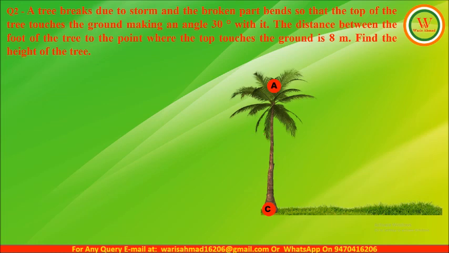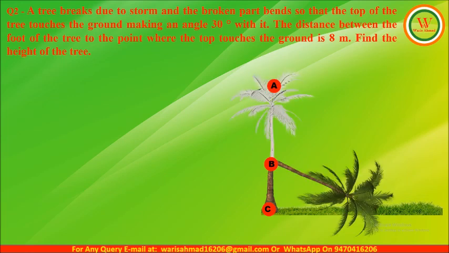Suppose this tree is bent at point B and its top touches the ground at point A dash. As given in the question, the top of the tree makes an angle of 30 degree with the ground. The distance between the top and the foot of the tree is given as 8 meter. So the distance between A dash and C is given as 8 meter.